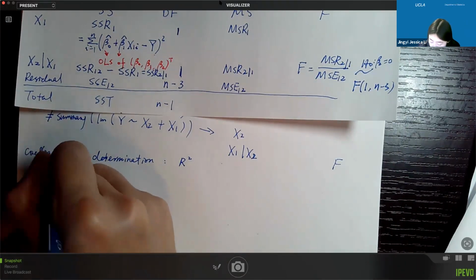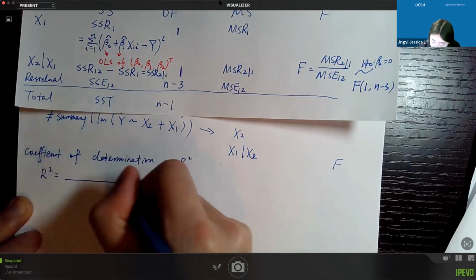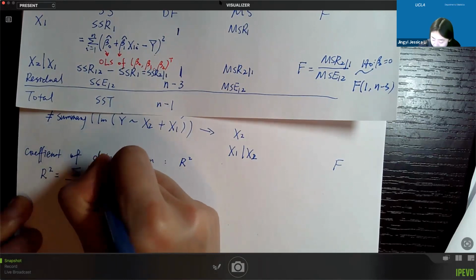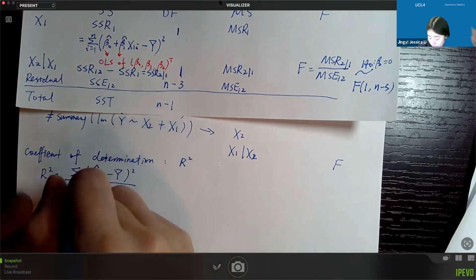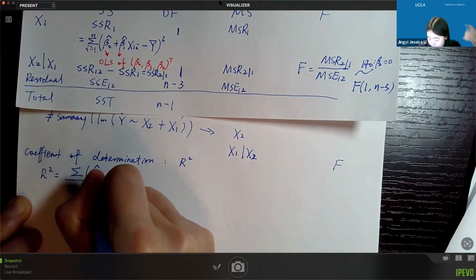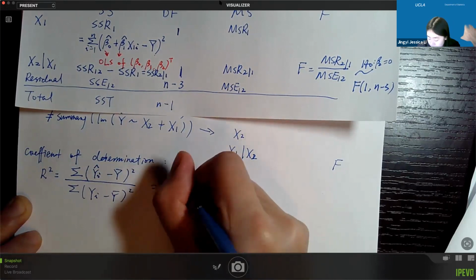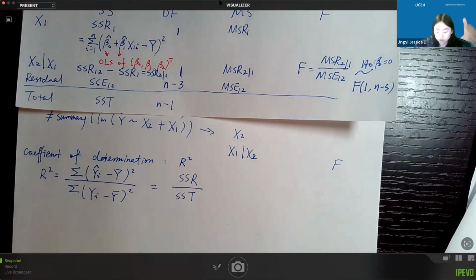So it's defined as this: if you take the sum of yi hat minus y bar squared, over the sum of yi minus y bar squared, you can clearly see it's SSR over SST. So that's how much of the total variation I see in my data can be explained by the regression model.